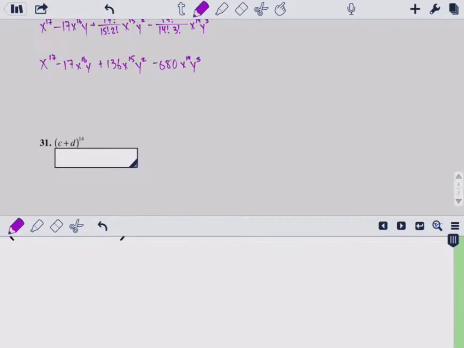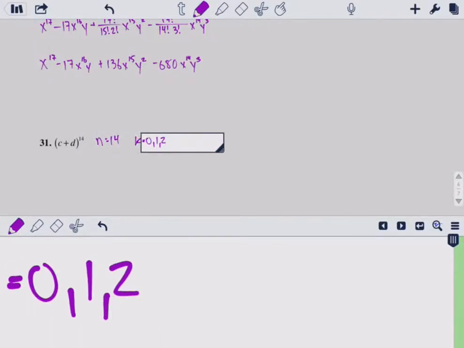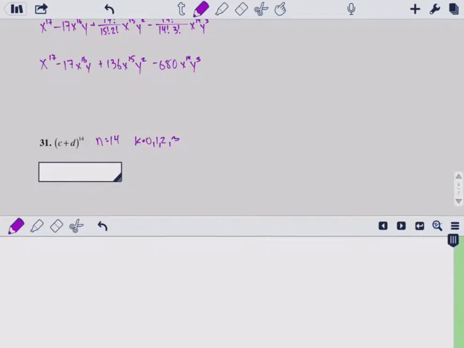C plus d to the 14th. N is equal to 14. K is equal to 0, 1, 2, and 3.